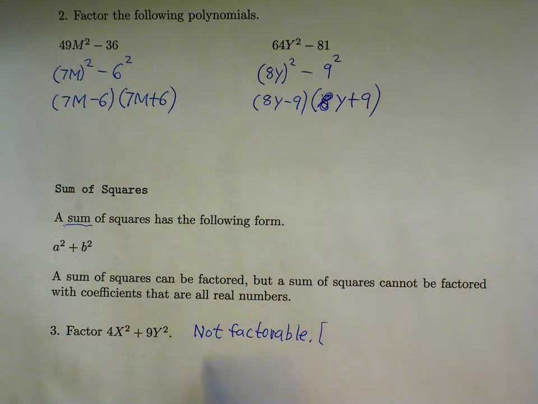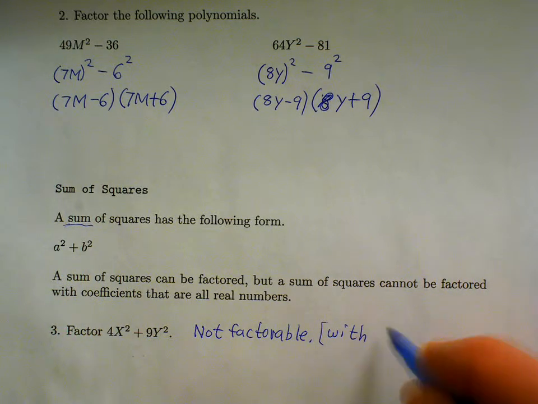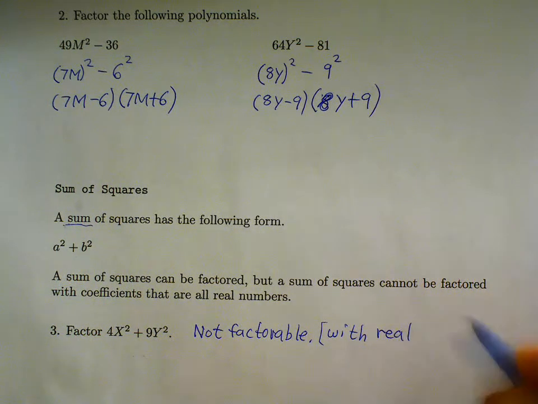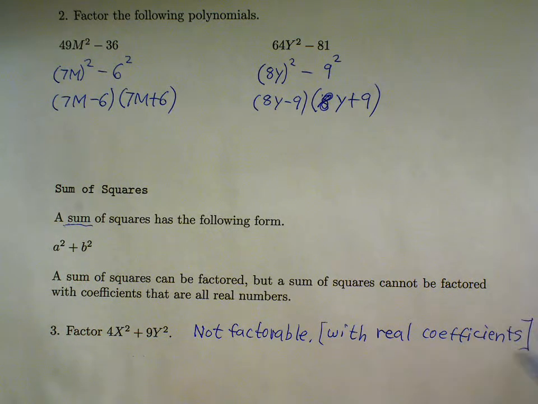What we really mean is that it's not factorable with real coefficients. You have to go outside of the real numbers to factor a sum of squares. If you take college algebra, you will learn how to factor a sum of squares in that class.